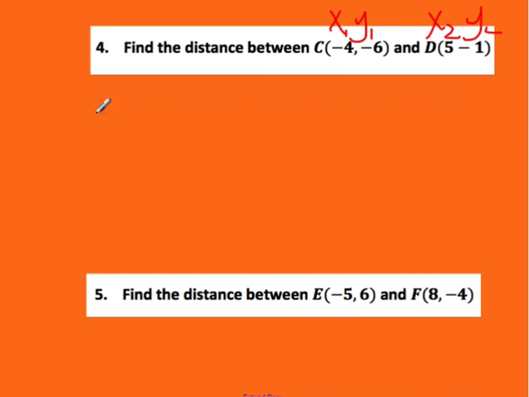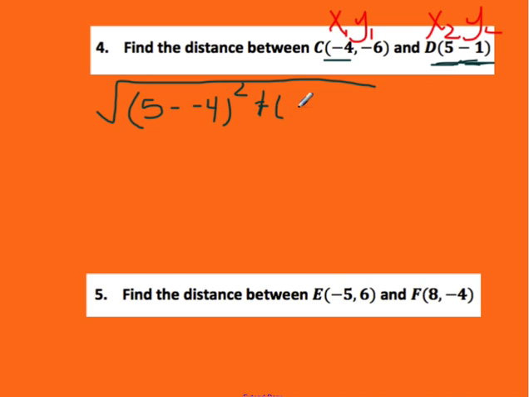So now I'm going to write my square root sign, and then I'm going to do x2, which is 5, minus x1, so minus a negative 4, squared, plus y2 minus y1. We have a couple cases here where we have minus a negative, so we're going to turn that into plus a positive. 5 plus 4 is 9, so I have 9 squared.